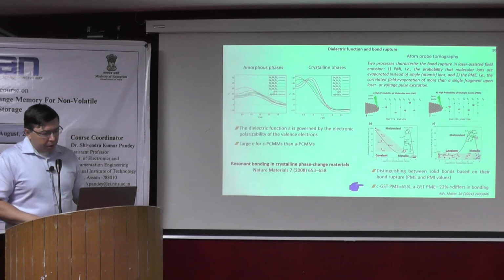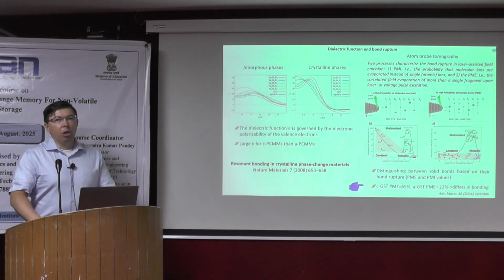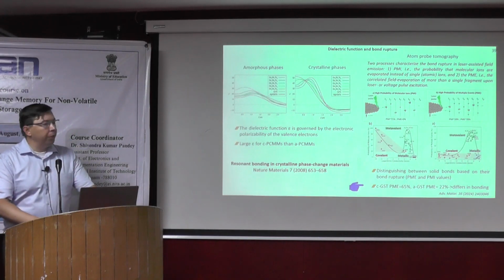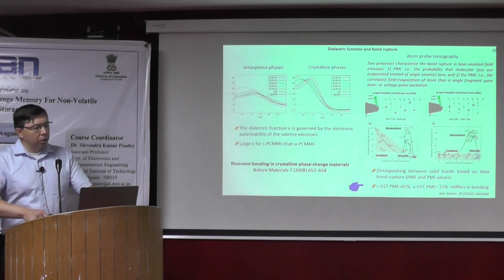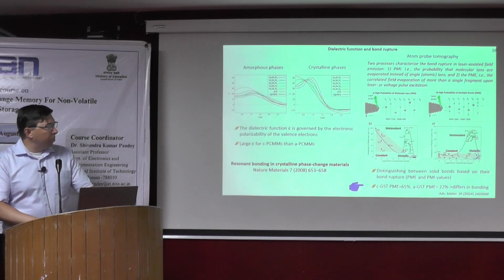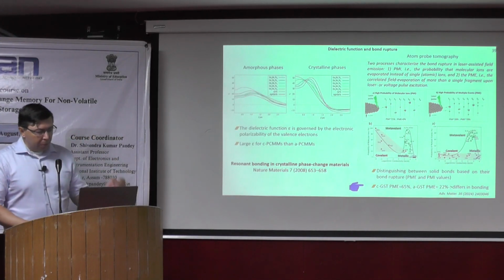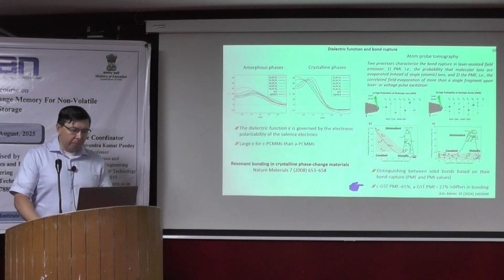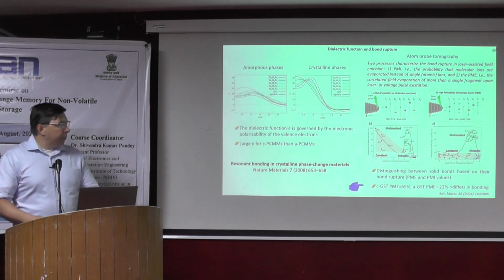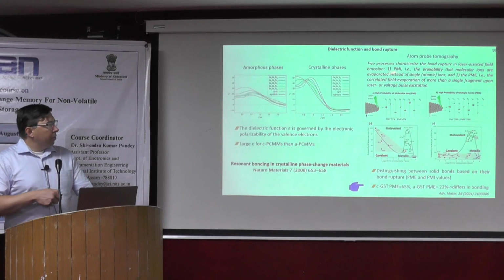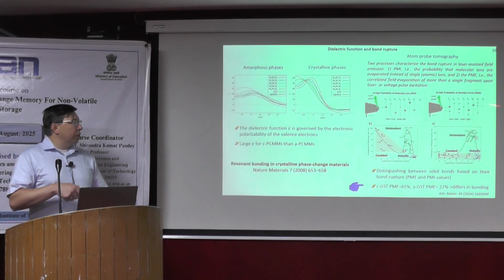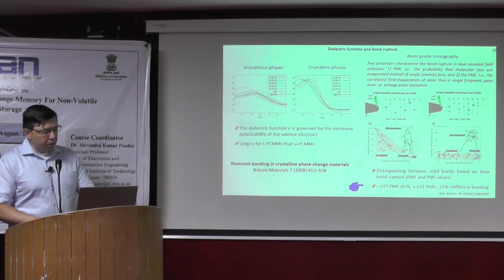Also, you can see some change in the properties if you use so-called atom probe tomography. This is also a famous method to measure the chemical composition of your material, and to make a 3D chemical map of your substances. Phase change materials are also measured this way. How is it measured?